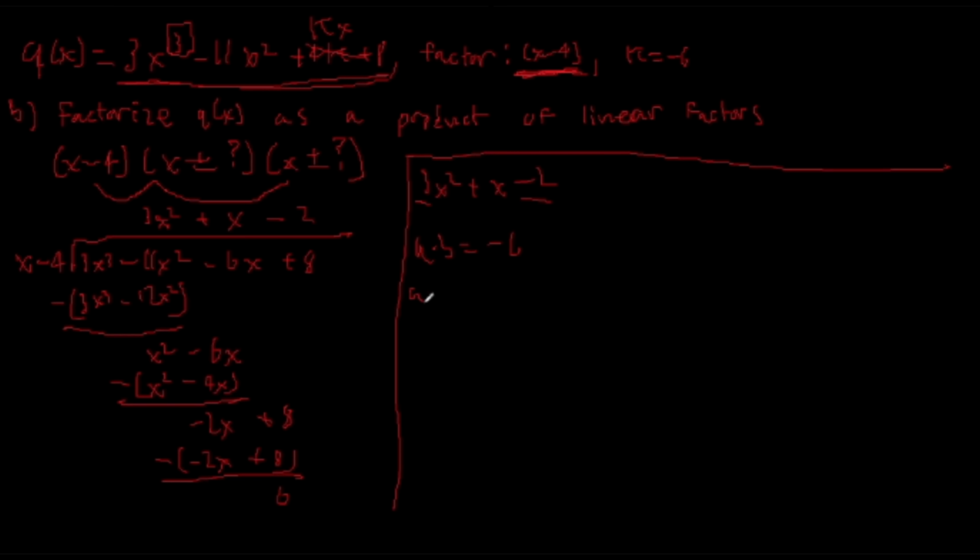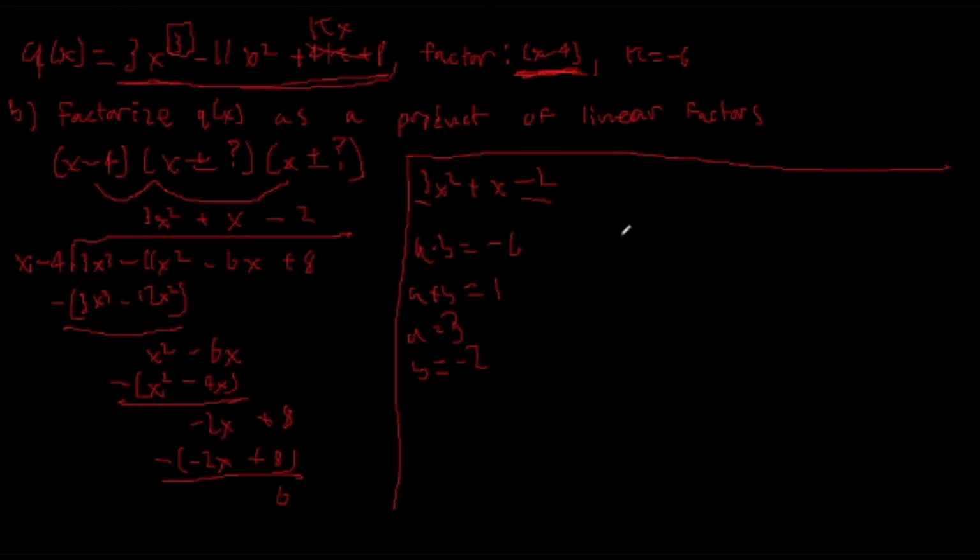But when you add them, a plus b, it gets you to the middle number, which is actually just going to be 1. And so we have to think, well, what numbers do that? Luckily in this case, a is going to be equal to 3, and b is going to be equal to negative 2.